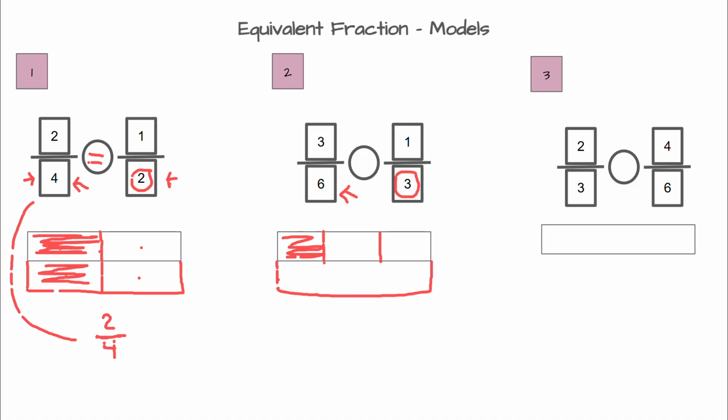Okay, and remember you have to cut it up into the same amount of parts as the one above, and also shade in the same amounts. Now notice how I have 1, 2, 3, 4, 5, 6 parts. That is my denominator. And we're going to go ahead and add our numerator.